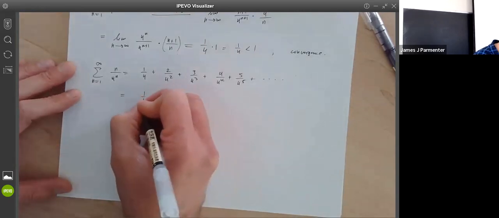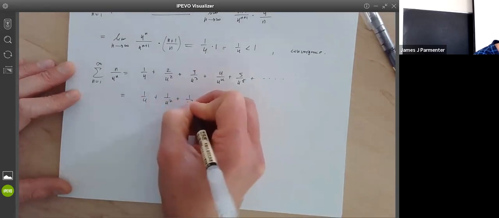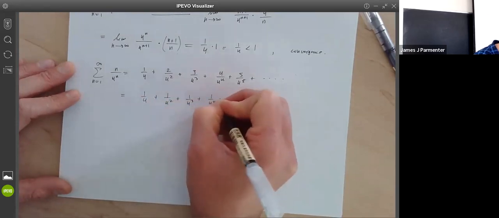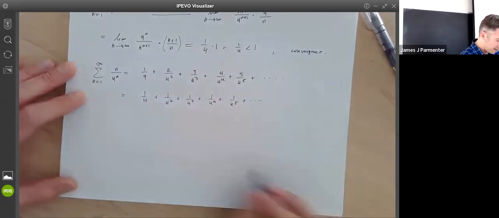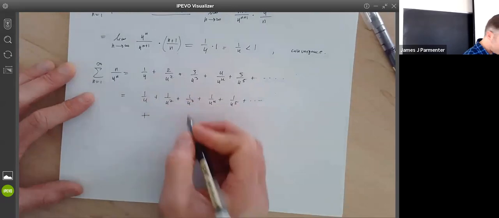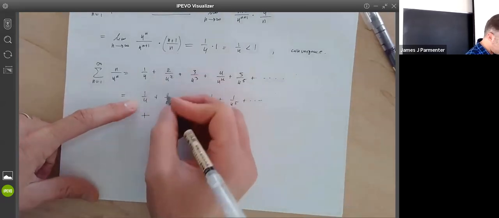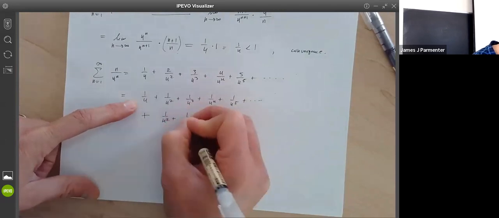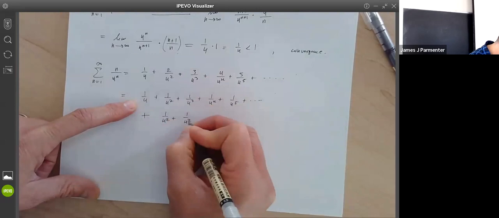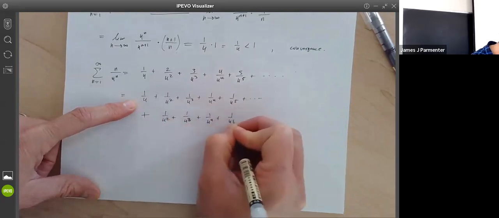I've got 1/4 plus 1/4 squared plus 1/4 cubed plus 1/4 to the 4th plus 1/4 to the 5th, etc. And then plus, well, I've used up my 1/4, so I don't have any more of those, but I still have a 1/4 squared. And a 1/4 cubed. Actually, I have 2/4 cubed, but I'm going to use one of them. Plus 1/4 to the 4th, plus 1/4 to the 5th.